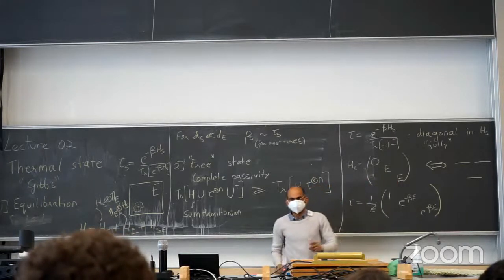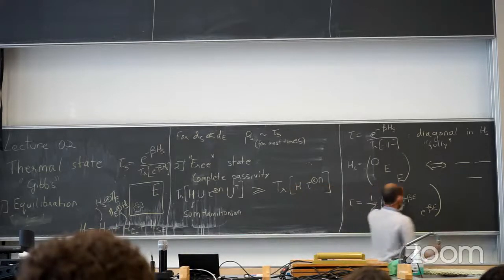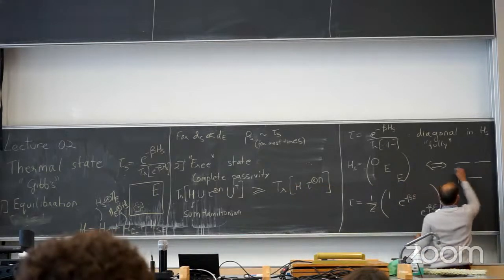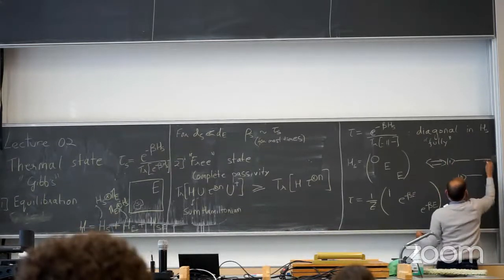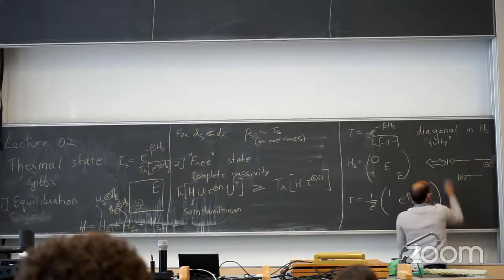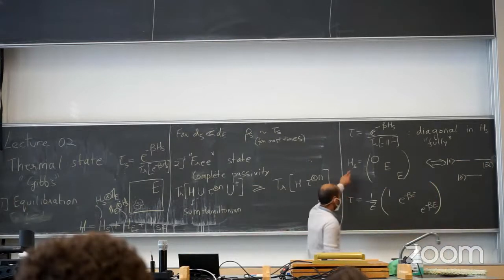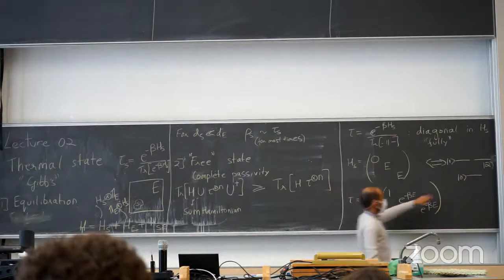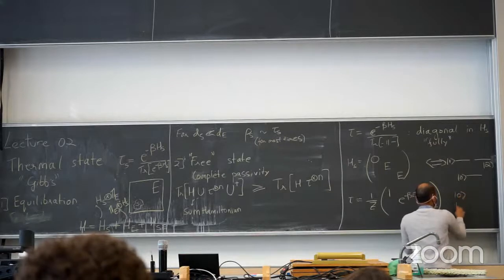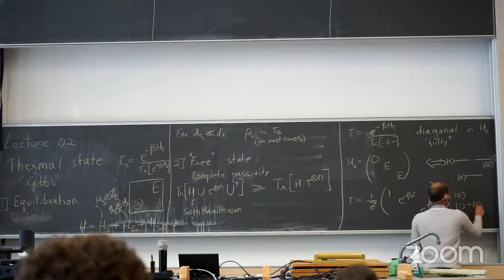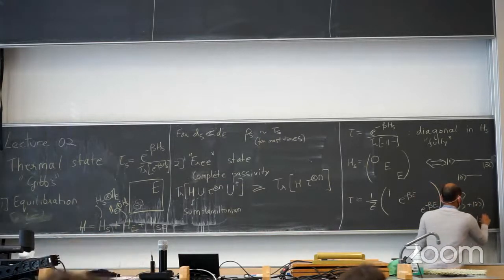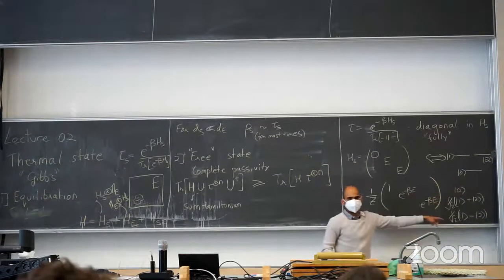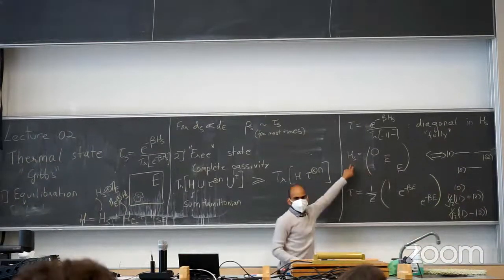So if I call these states 0, 1, and 2, I could, for the Hamiltonian, equally pick the basis 0, 1 plus 2 upon root 2, and 1 minus 2 upon root 2. This is also a valid basis for the Hamiltonian. The Hamiltonian would look exactly the same because the eigenvalues are degenerate.